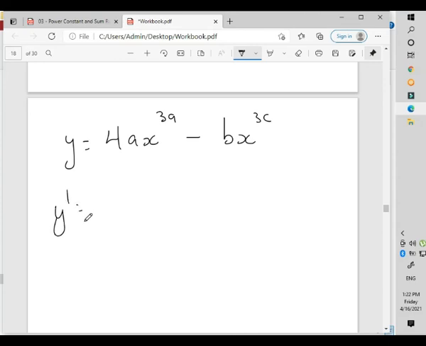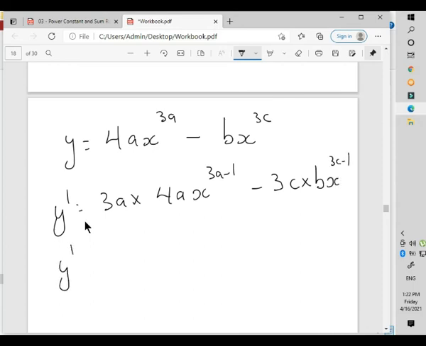So this is equal now to 3a times 4a x to the 3a minus 1 minus 3c times b x to the 3c minus 1. So this is equal to 12, 4 times 3 is 12, a times a is a squared, and I have x to the 3a minus 1 minus 3bc x to the 3c minus 1.